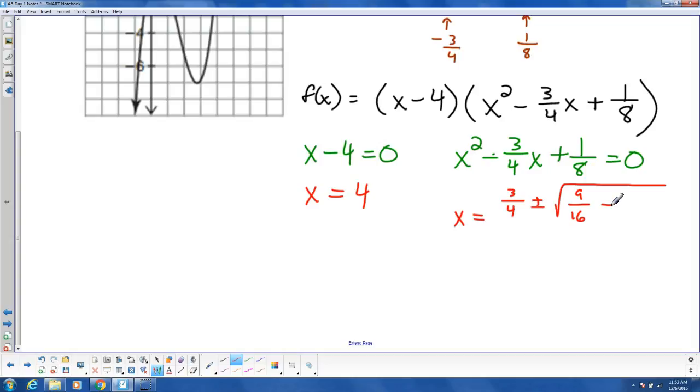But I'm not going to write 1/2 as 1/2. What am I going to write it as? Not 0.5, fraction kind of a guy. 8/16. Why am I going to write it as 8/16? What's going to happen inside that radical? You're going to have to subtract fractions, right? What do you need in order to subtract fractions? Common denominator. And all of that is going to be divided by 2.